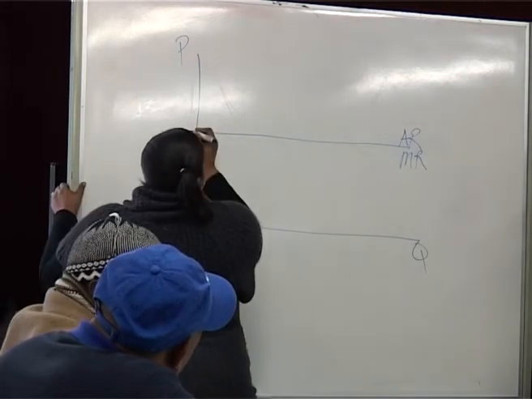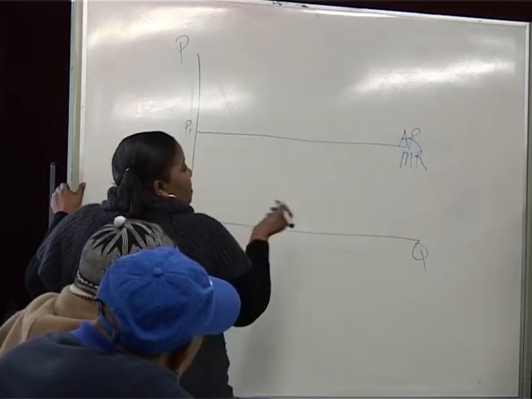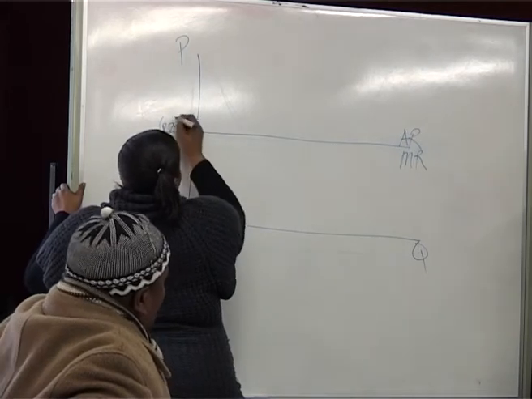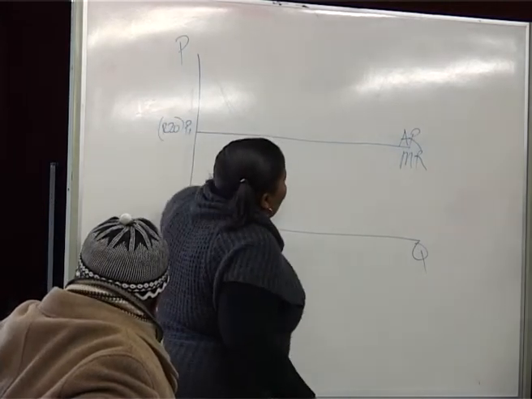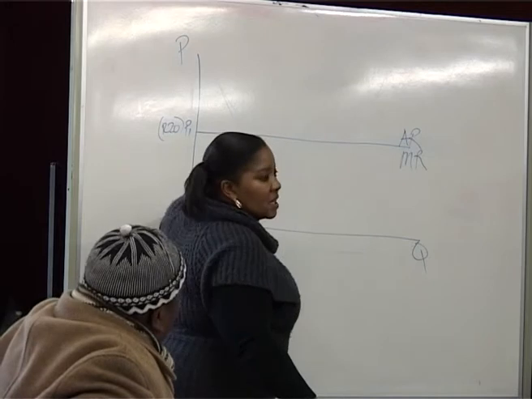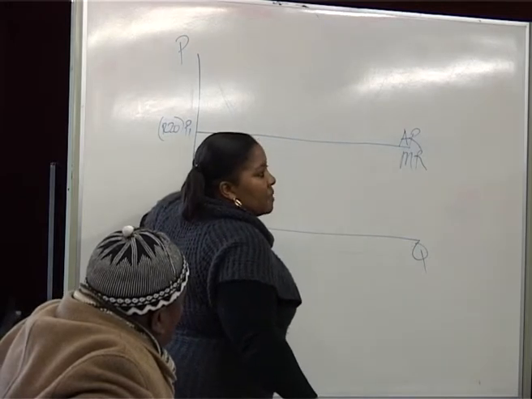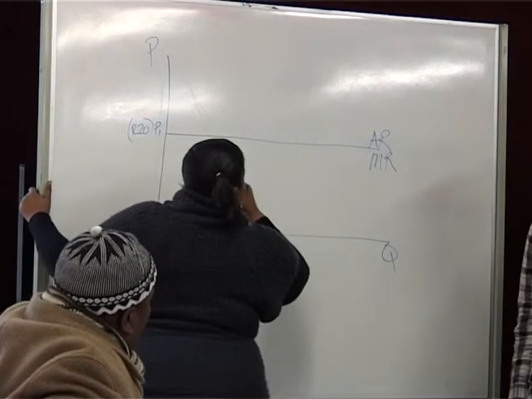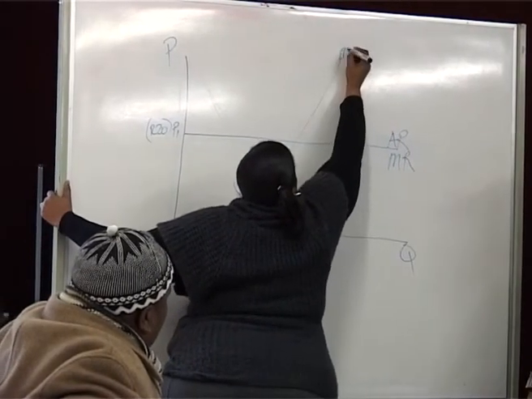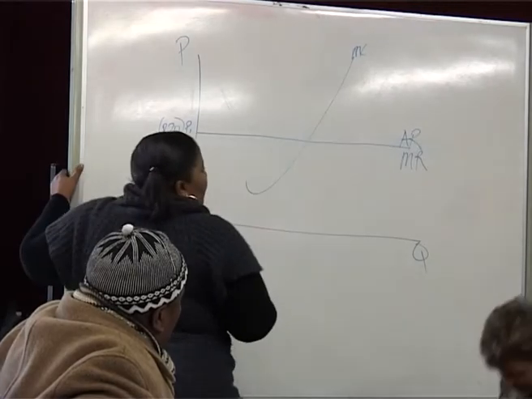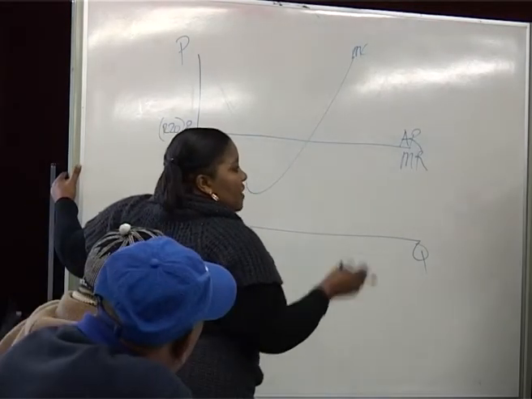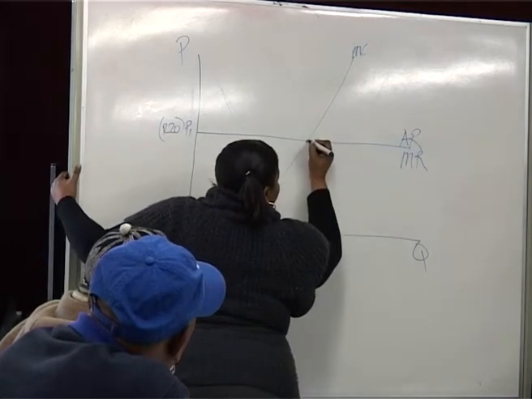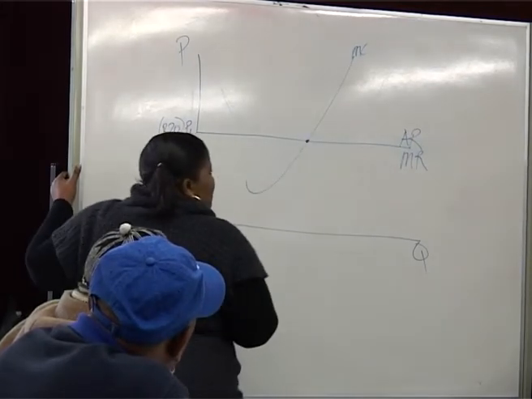For argument's sake, if it's P1, and we can say P1 is equal to 20 rands per kg, just to make the example easier. Now we want to see how we represent graphically a firm that is experiencing an economic loss. We are going to start with the marginal cost curve. That's the MC curve. And then we're going to identify the point where they maximize the profits. And it's the MR equals MC point. So that is the point where this firm maximizes the profits.